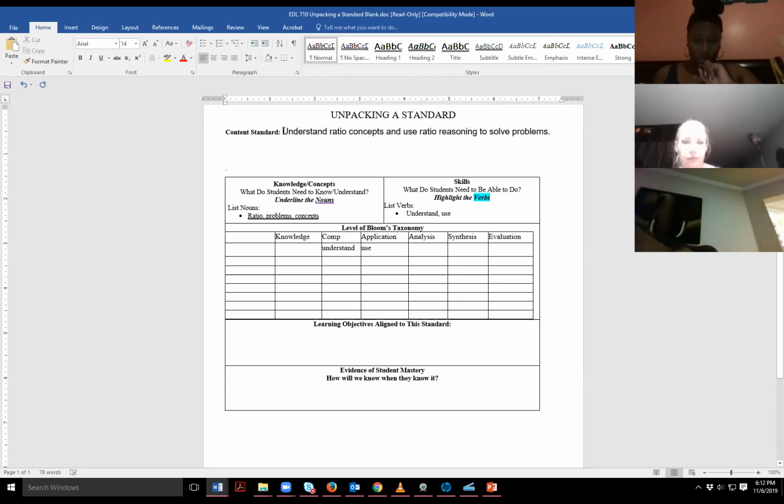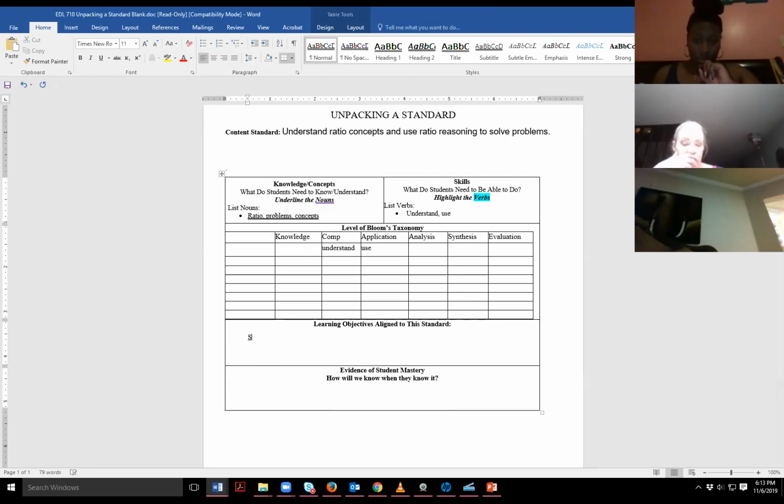So I'm going to start with the first part, which is understand ratio concepts. What is my learning objective? It's going to be something like students will be able to, so you can just use that little acronym if you want. Sorry, I cannot type tonight because I can't see. Students will be able to define ratio. I'm not a math teacher, so y'all are going to have to bear with me here.